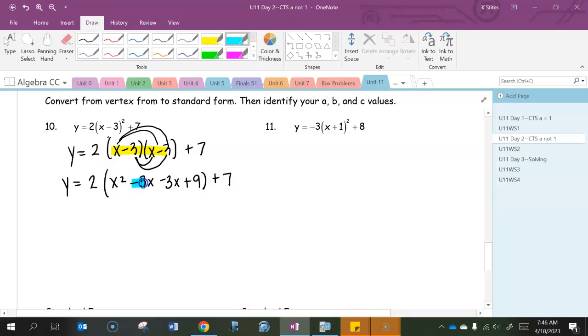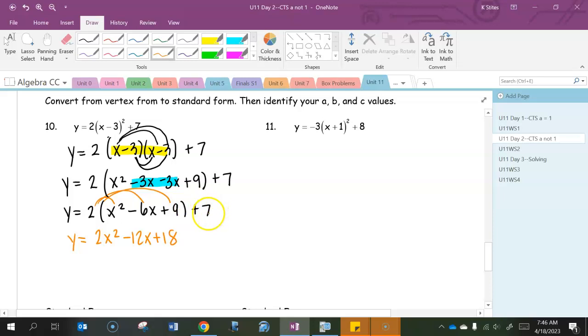What I would do next is combine your like terms in here. This 2 is still out front. So it's going to be a minus 6x. Now we'll distribute the 2. So it's not an x squared, it's a 2x squared. It's not a -6x, it's a -12x. And 2 times 9 is 18.